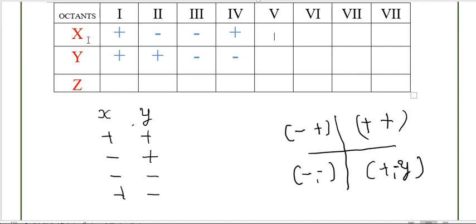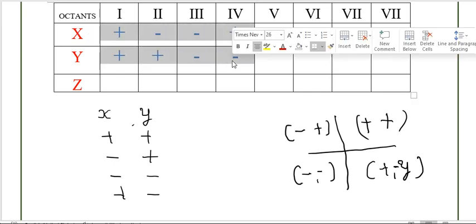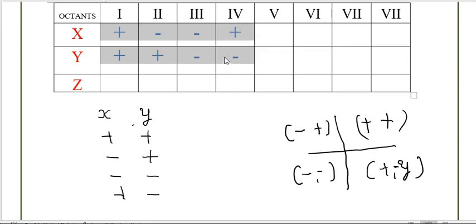Now a very simple thing you have to do: just copy all this and paste it over here. Paste in the sense you have to write it down actually. Now your formation is ready.